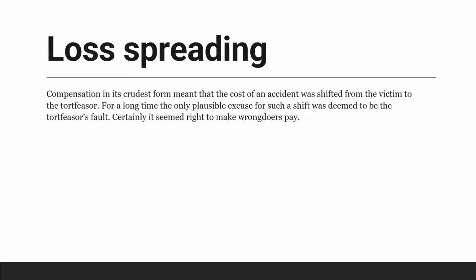Loss spreading. Compensation in its crudest form meant that the cost of an accident was shifted from the victim to the tortfeasor. For a long time, the only plausible excuse for such a shift was deemed to be the tortfeasor's fault. Certainly, it seemed right to make wrongdoers pay.